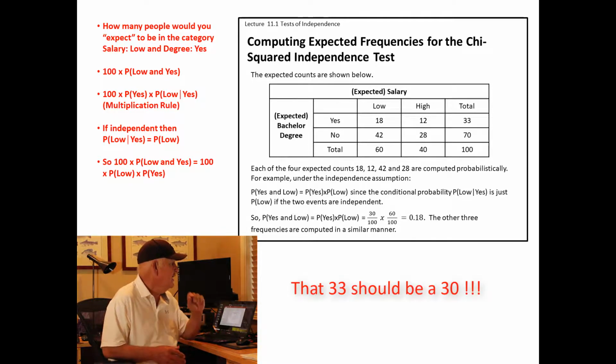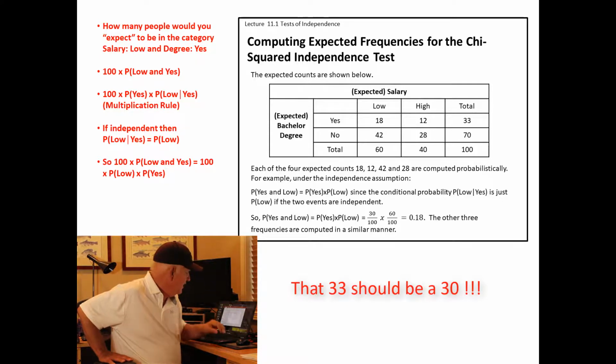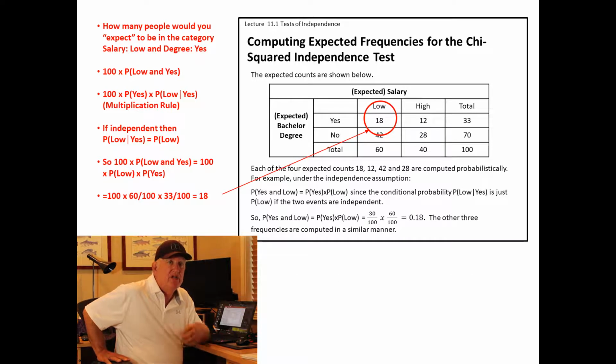And so I can actually calculate that probability and multiply it by 100. And when I do so, I get 18, and that's exactly the entry in this expected table. And you fill out the other row and column entries in exactly the same way.